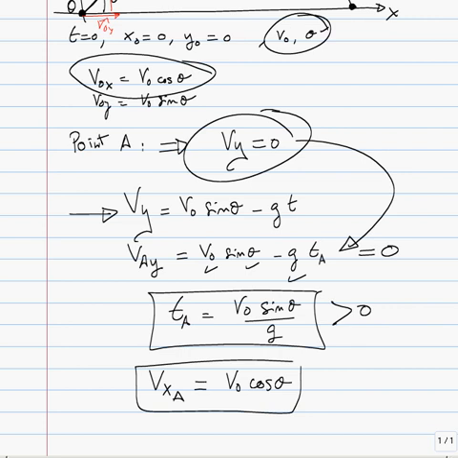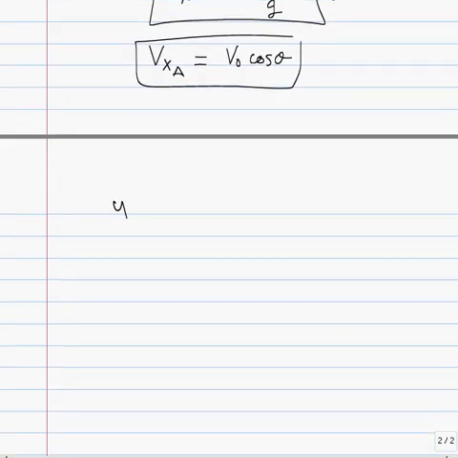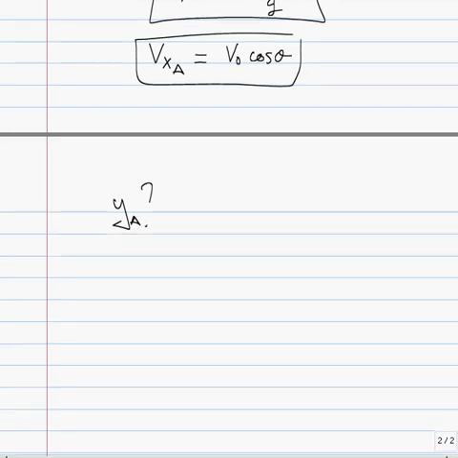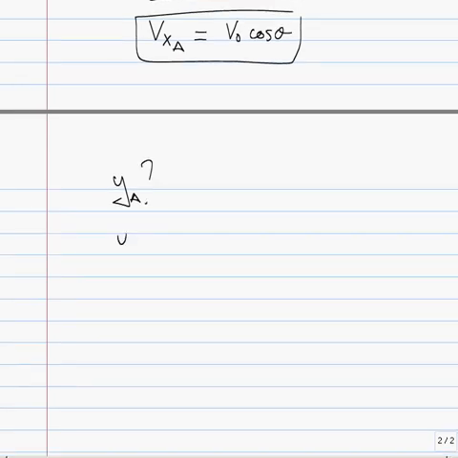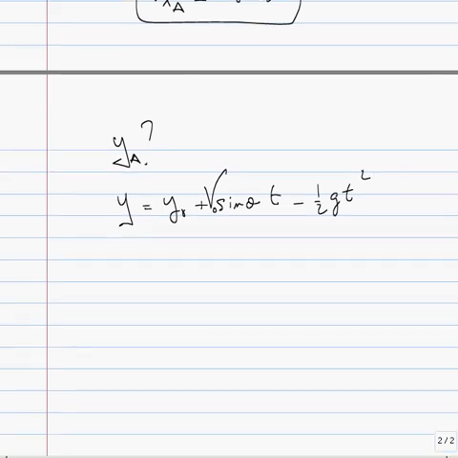What about its position, ya? Well, let's use an equation that involves position. We know of one: y is equal to y naught plus sine theta times v naught t minus 1 half gt squared. Let's evaluate this equation at ta.